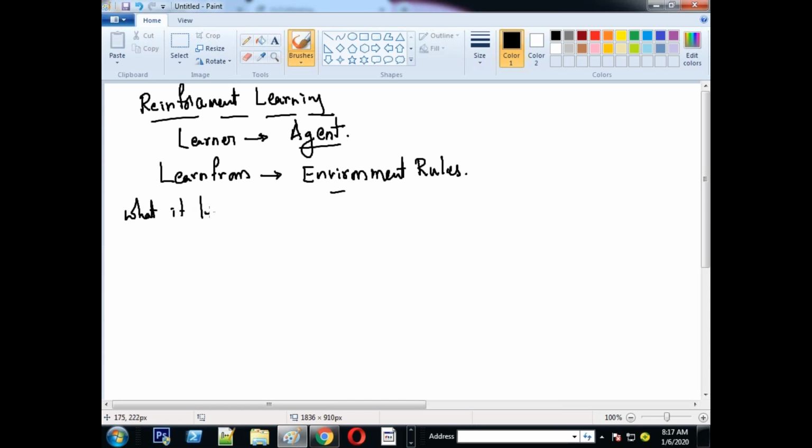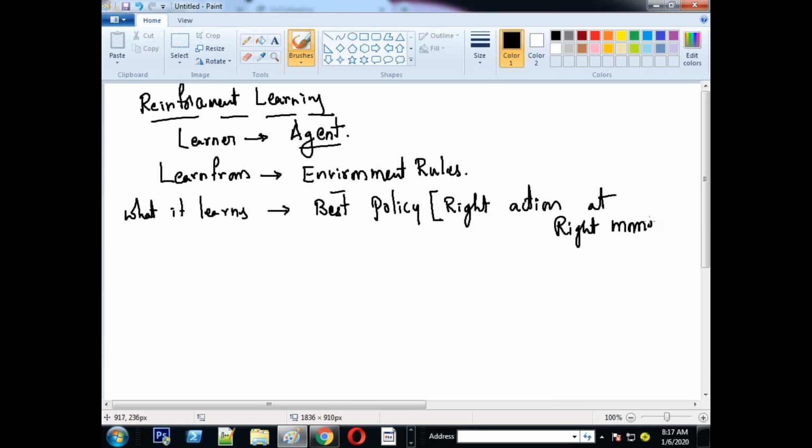What it learns? Learns best policy. What do you mean by best policy? It's the right action at right moment, to achieve goal state. You can say target.